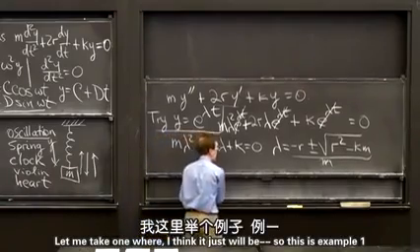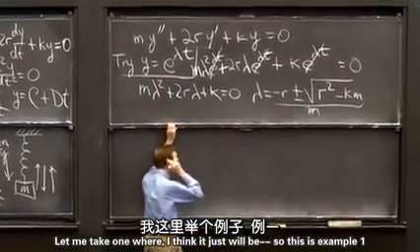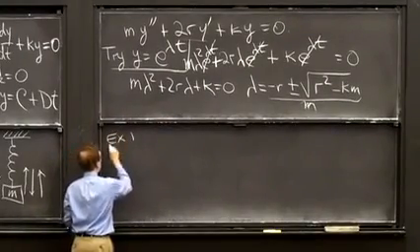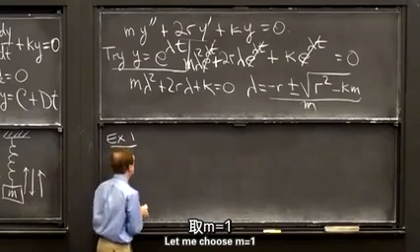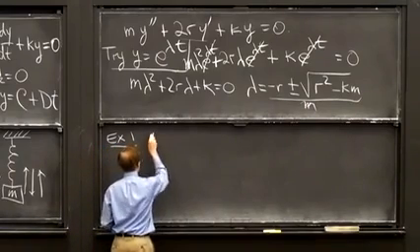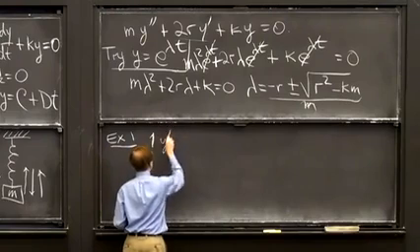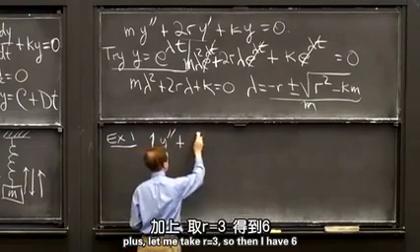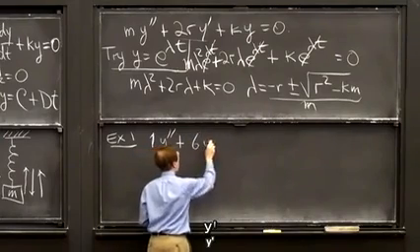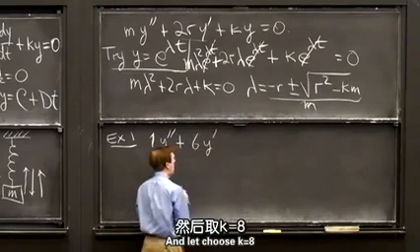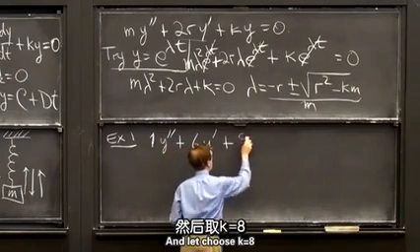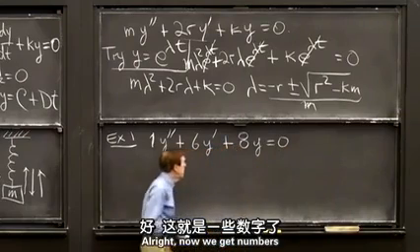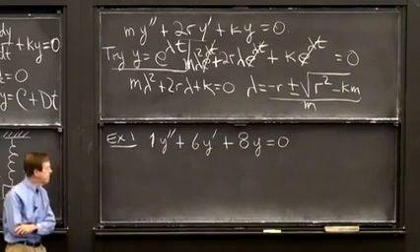All right, this is example 1. I'll choose m equal 1, y double prime plus, let me take r to be 3, so then I have 6 y prime, and let me choose k to be 8, y equals 0. All right, now we've got numbers.